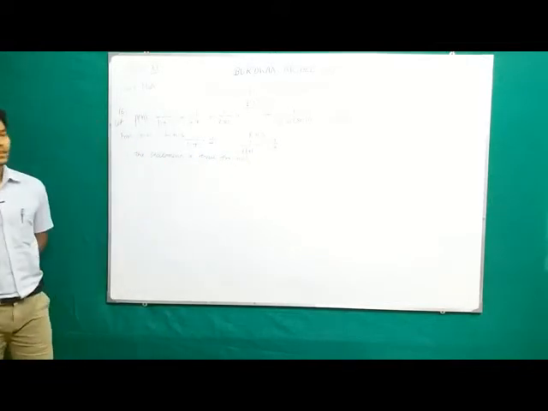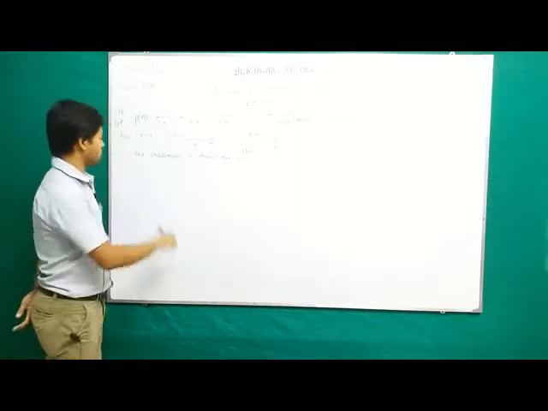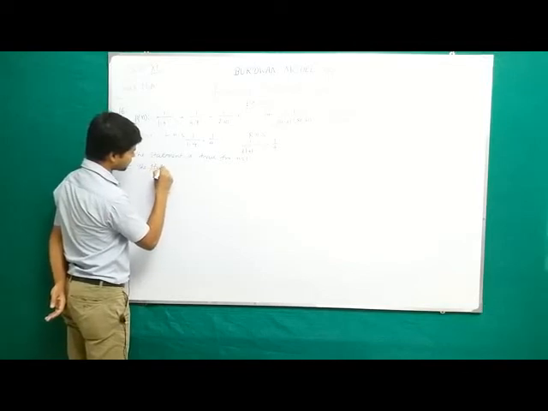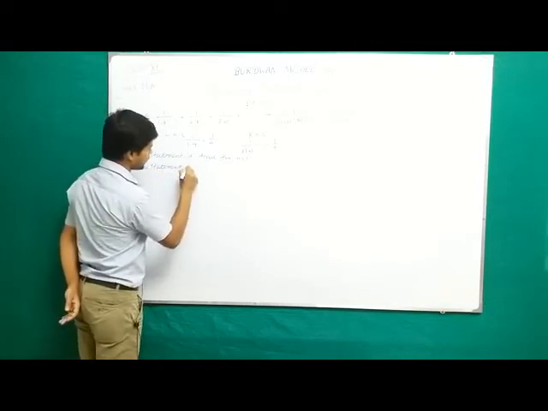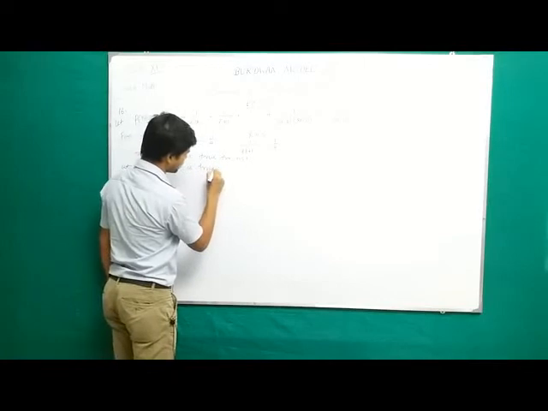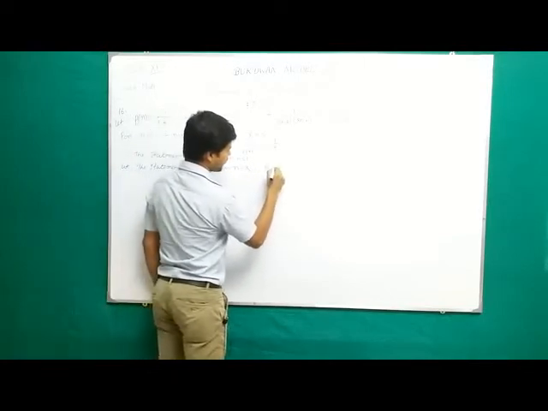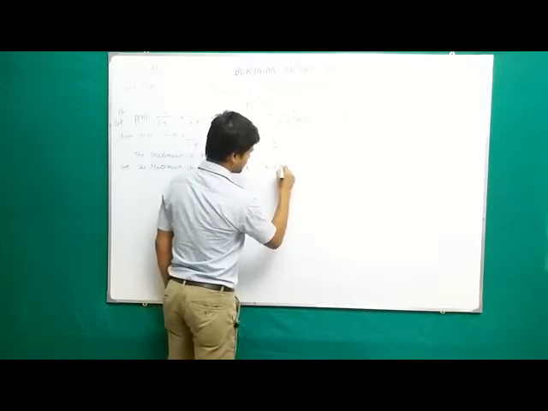Now we'll prove that the statement is true for n equal to k. Let the statement be true for n equal to k, where k is any arbitrary natural number.